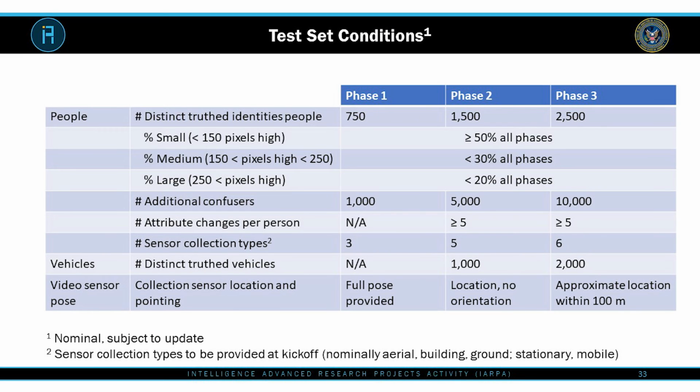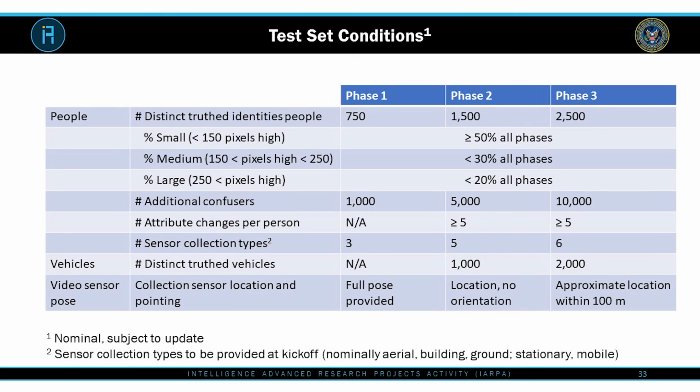Test set conditions will also progress through the phases. For people, we start with a certain number of distinct truth identities that need to be re-identified, and that will increase through the phases to have more subjects, more people in the test collection.